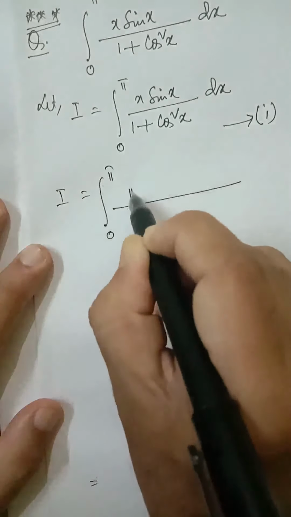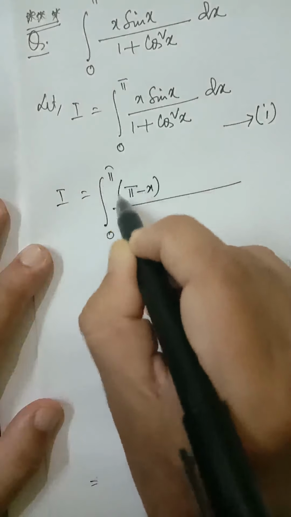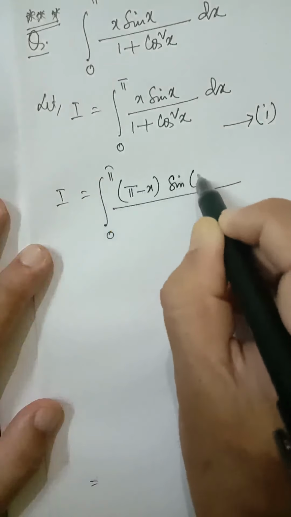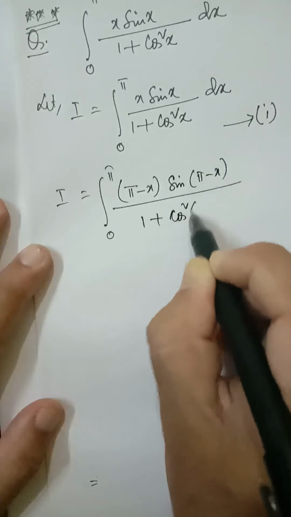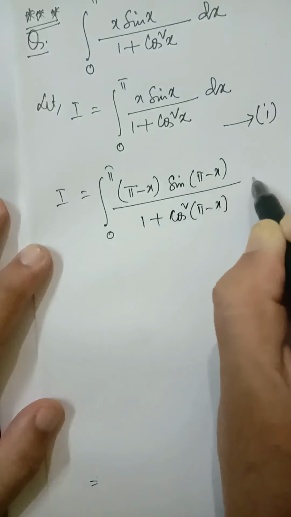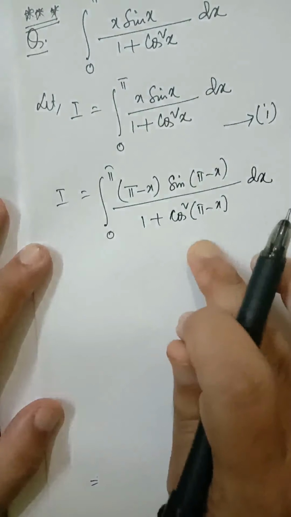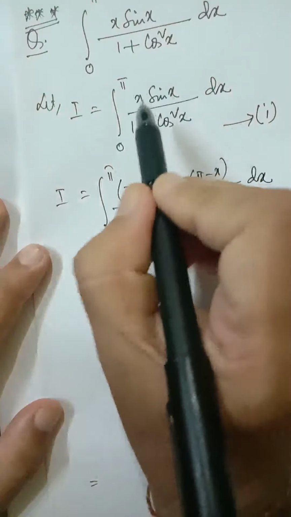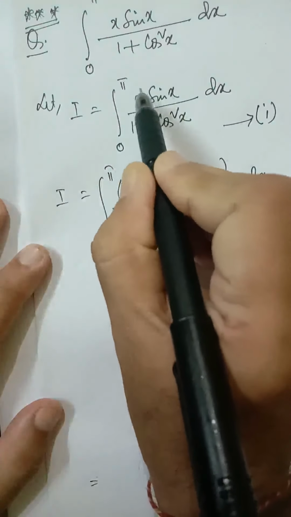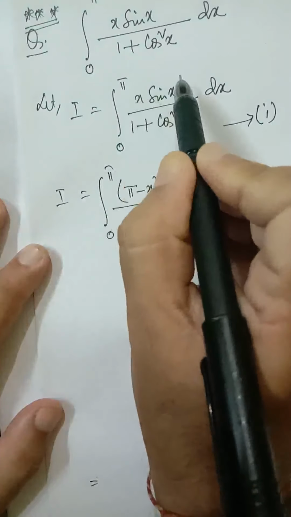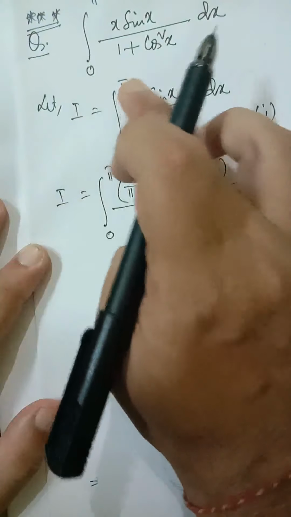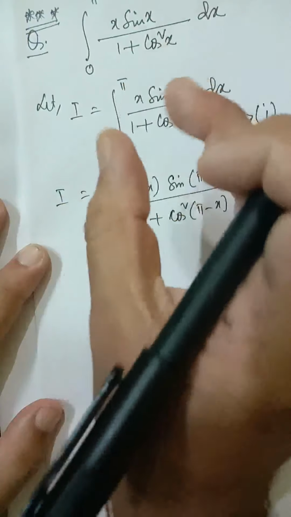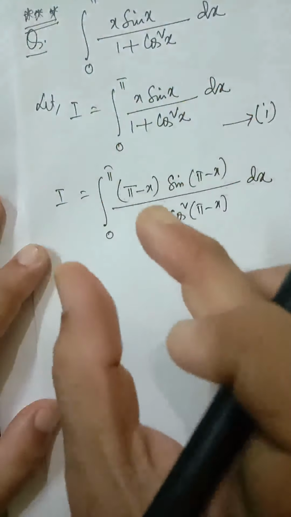So this x will be pi minus x, sin of pi minus x, 1 plus cos square of pi minus x, dx. And remember one thing, generally if there is an extra x like this given in the question, x into sin x, or x by 1 plus sin x, if an extra x is given in the question, generally we use property number 4.